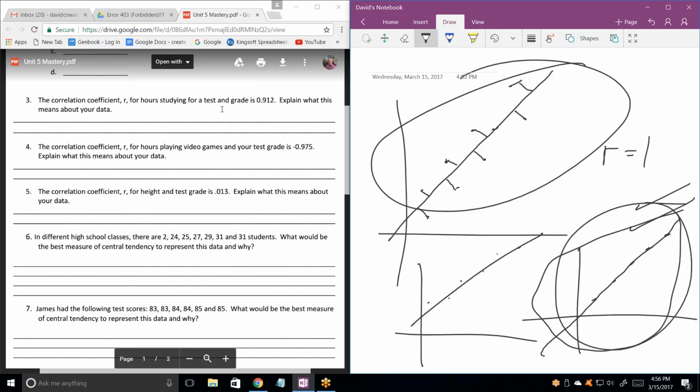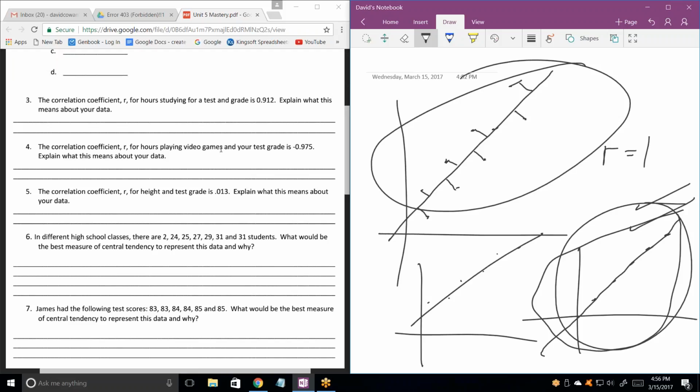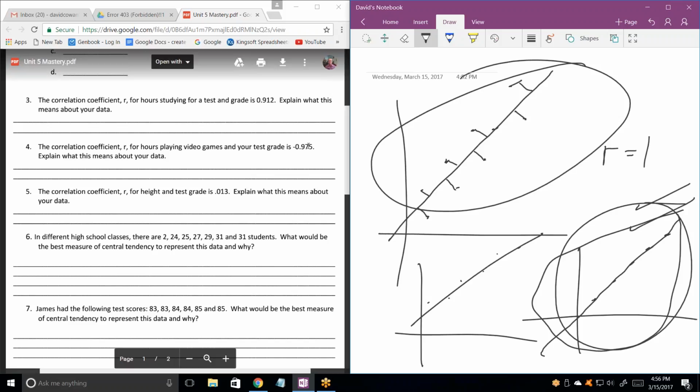Well, yes, you do. They're never going to tell you that. In other words, they're trying to deliver a subtle message in addition to statistics here. With number 3, the more you study, the better you're going to do. And with number 4, the less video games you play, the better you're going to do.